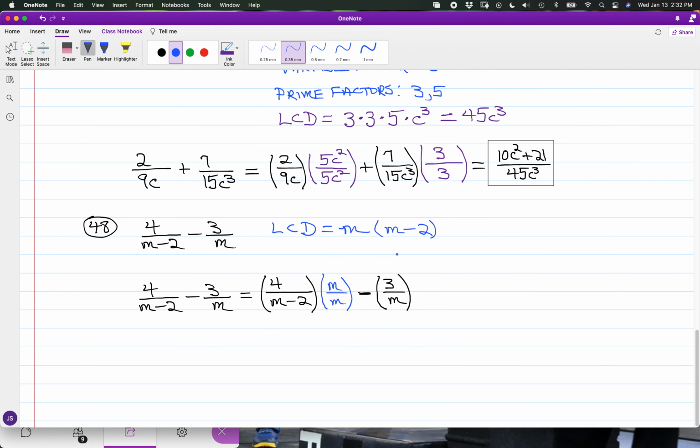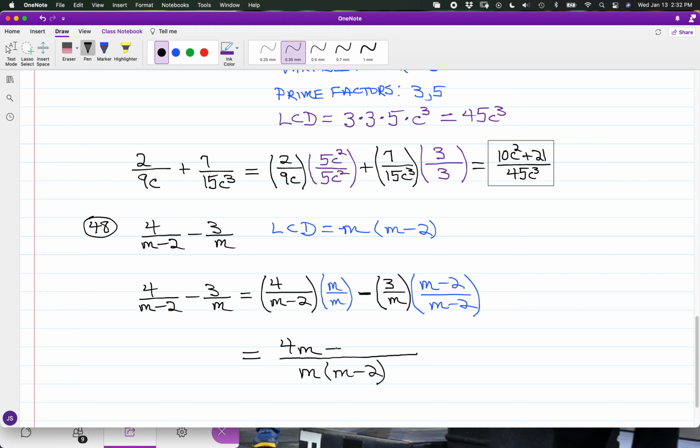This one has the m factor, but it is missing m minus 2. So both denominators are in the form of m times the quantity m minus 2. Then we have 4 times m.